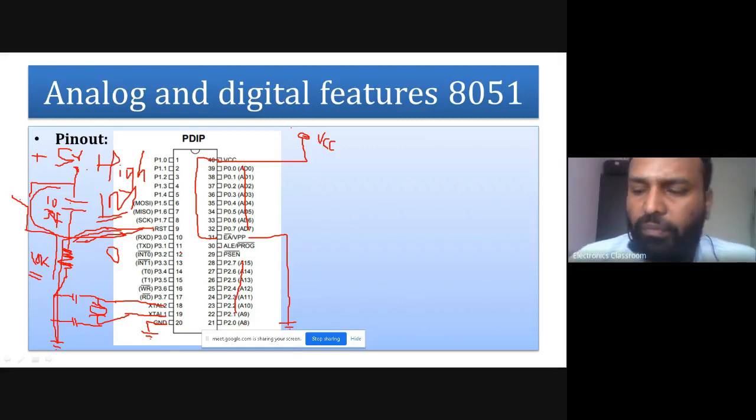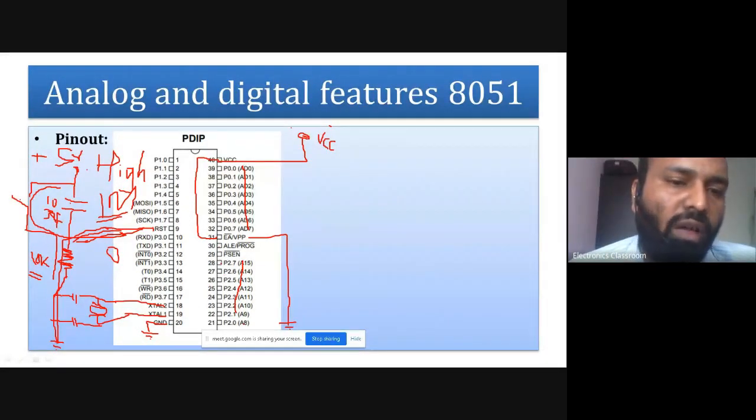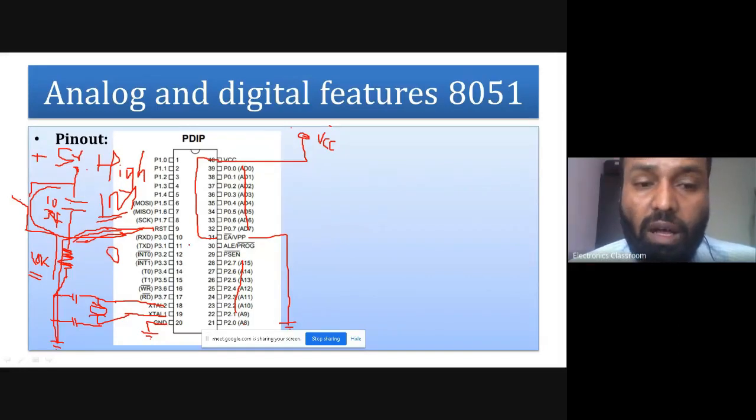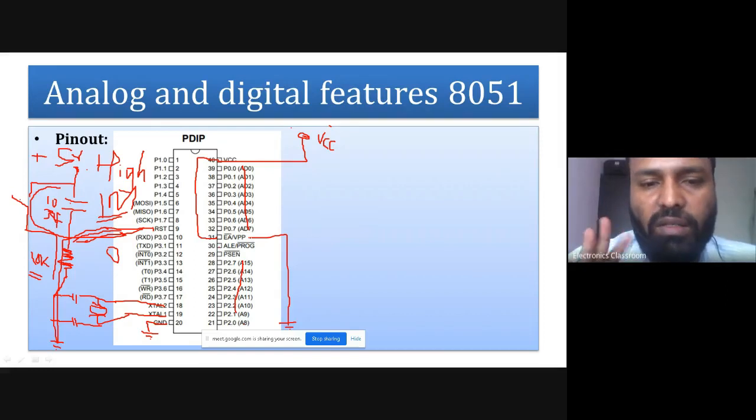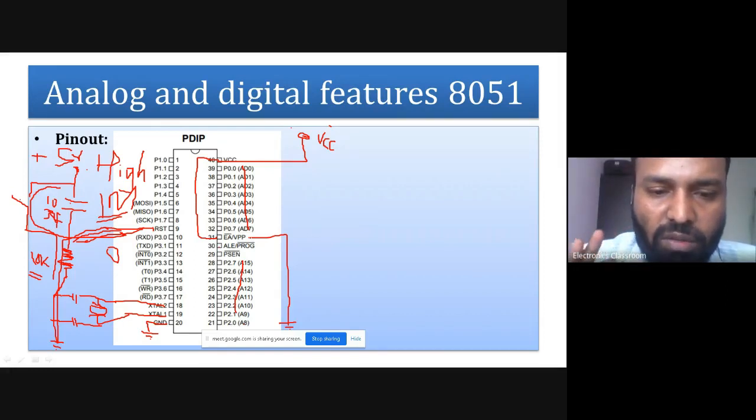Whatever you want to do, you can't do it without this minimum connection. If you miss any one of those things, then your circuit hardware is not going to work as you are expecting. So whatever the application is, you need to make this minimum connection. I hope you understood. Yes, sir.